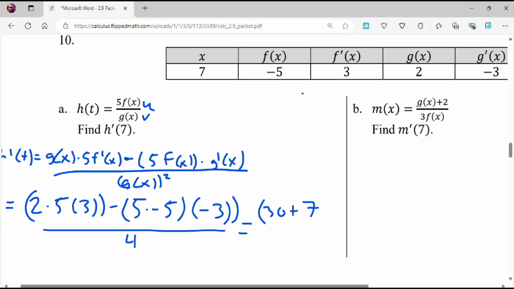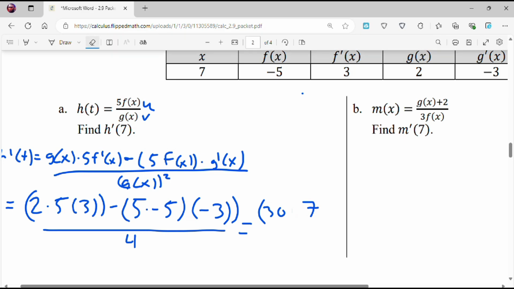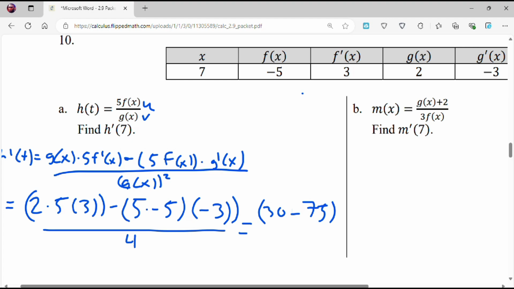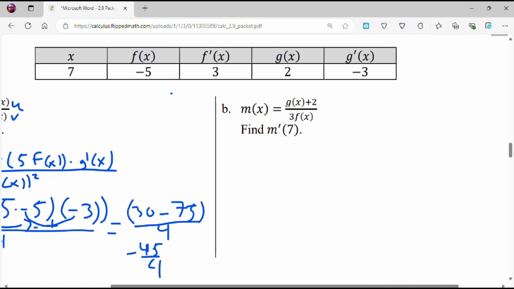Times negative 3 is positive 75. So positive 75, and then there's a negative, right? So it's minus 75, right? So 30 minus 75 over 4. That's negative 45 over 4. Okay, next question.